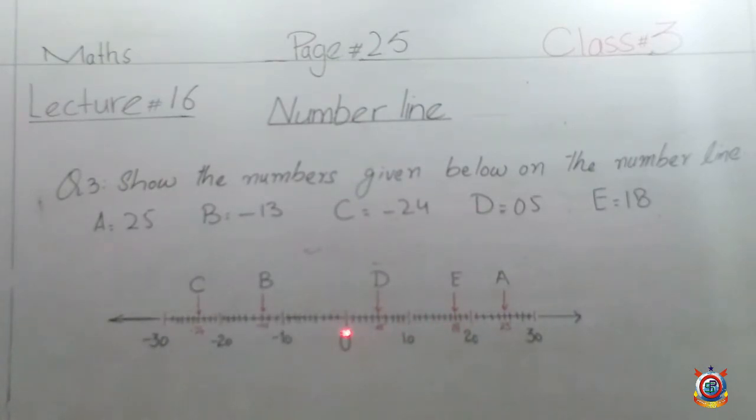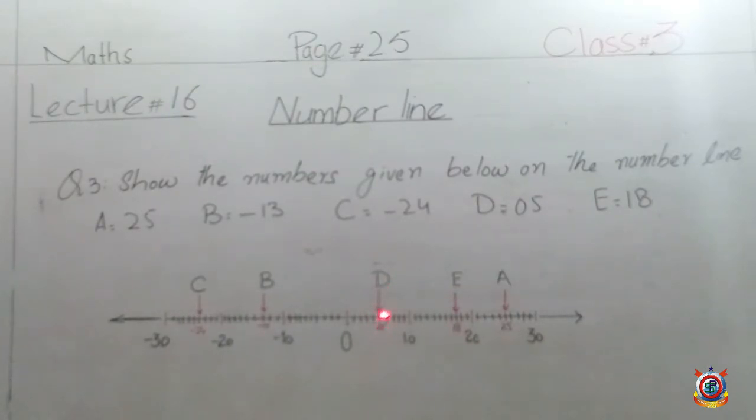Now we will start from the 0. We will count the small marks. Look at 1, 2, 3, 4, 5. On 5, the mark is D. D is on the 5th mark. Now 6, 7, 8, 9, 10, 11, 12, 13, 14, 15, 16, 17, 18.